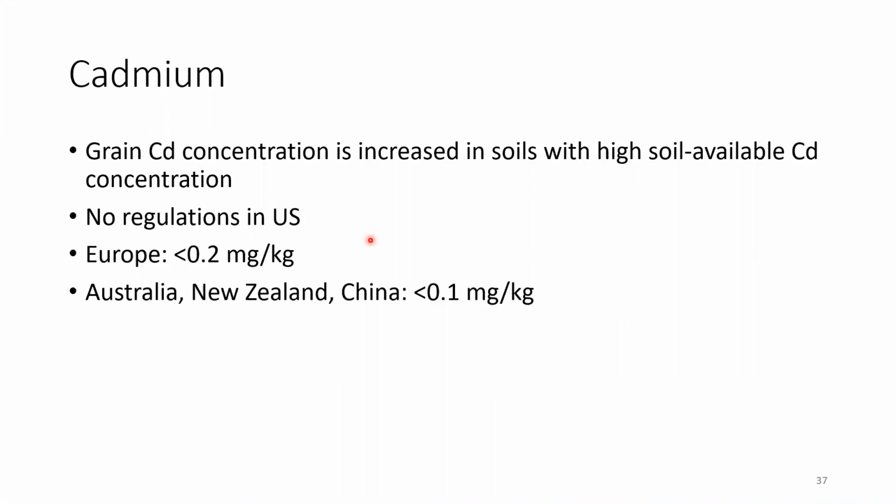So there are some regulations, not actually here in the US, but across the world. We have regulations, especially for grain products, since that's the major source. In Europe, less than 0.2 parts per million, and in China, less than 0.1.